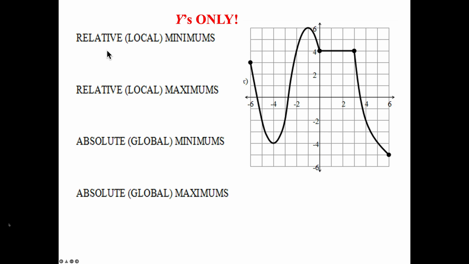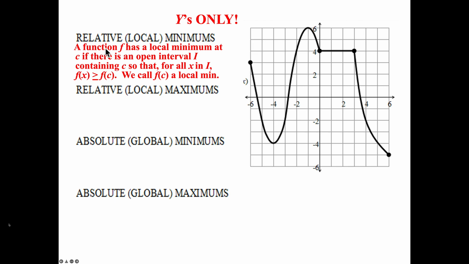All right, so by definition, a relative or local min: a function f has a local minimum at c. All right, c is going to be the x coordinate.